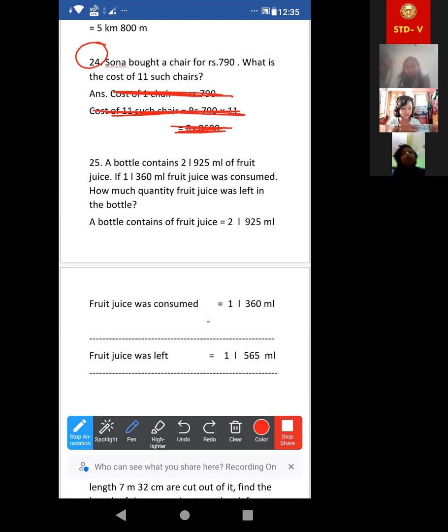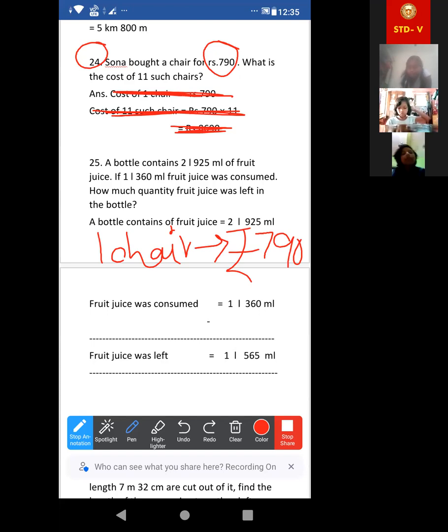Look. Sona bought a chair for rupees 790. Okay. That means one chair cost is rupees 790. Clear? First statement.